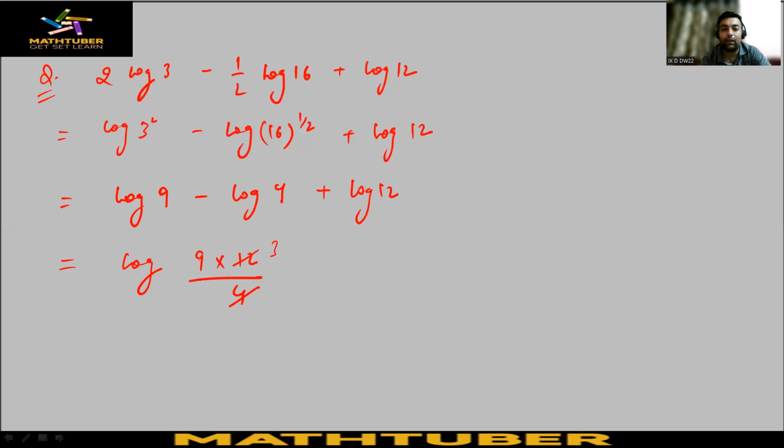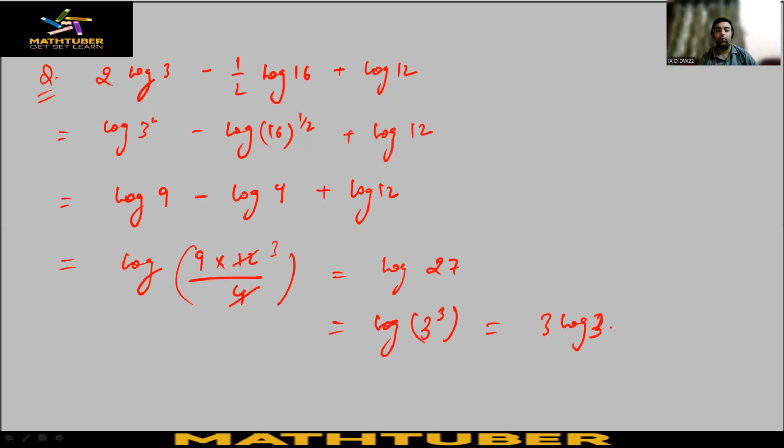So 4 threes are 12 and 9 threes are 27. So it will become log 27, and we can write 27 as 3 raised to power 3, and this will be 3 log 3 according to the law, right? So this is how we can convert it into a single log.